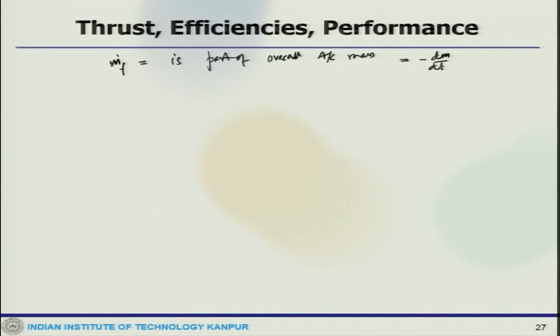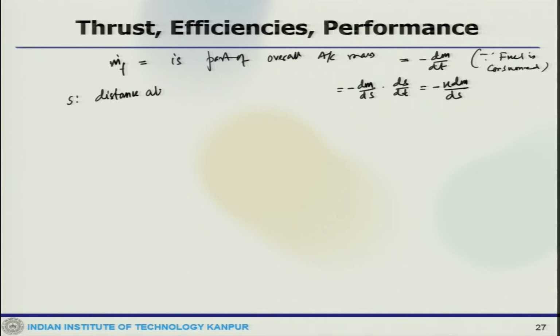So, since fuel is consumed, we can write dm by dt, which is dm by ds times ds by dt, which is minus u dm by ds, where s is the distance along the flight path.